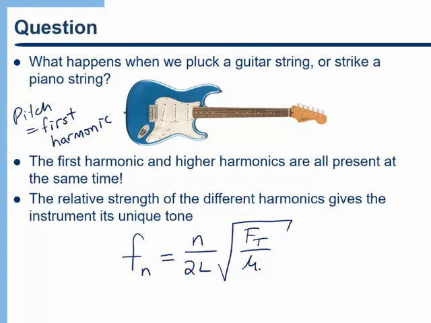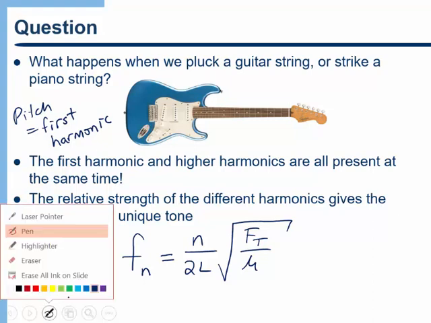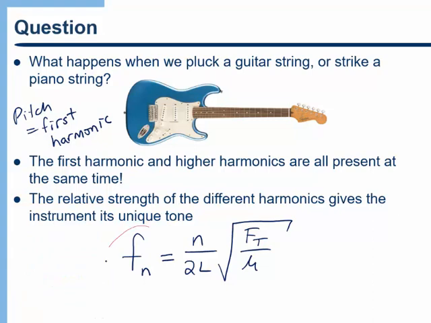So notice that now it makes sense why that is, because the frequency is related to the tension in the string. Increase the tension, all of the frequencies go up, including the frequency of the first harmonic. You'll also notice that the frequency is inversely proportional to the mass per length.